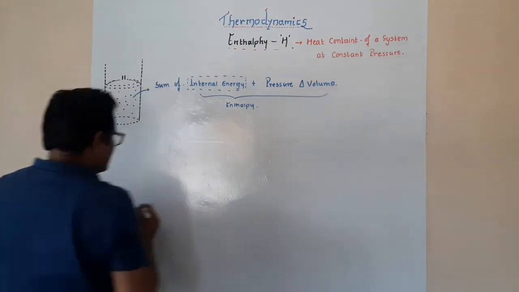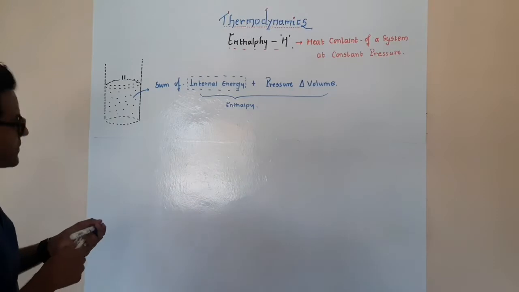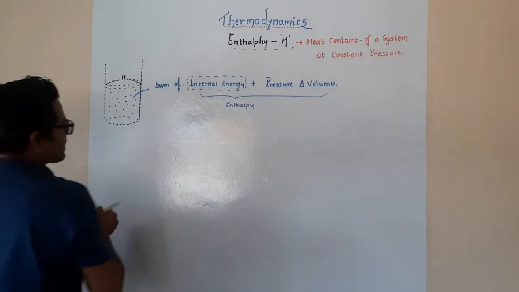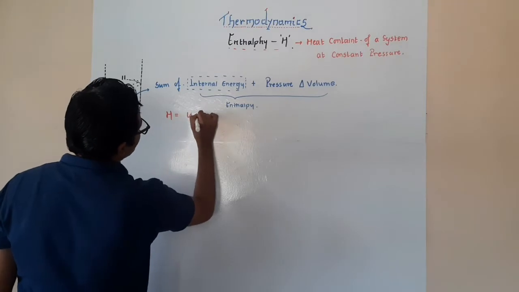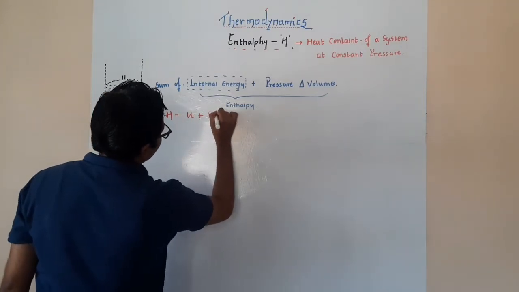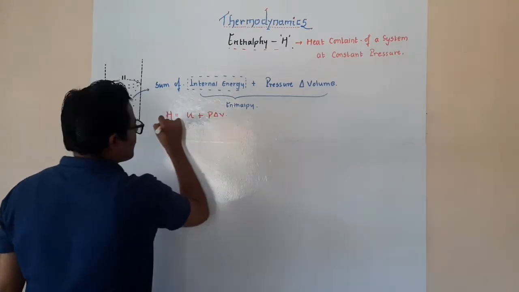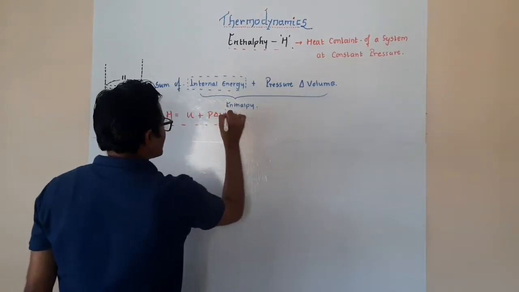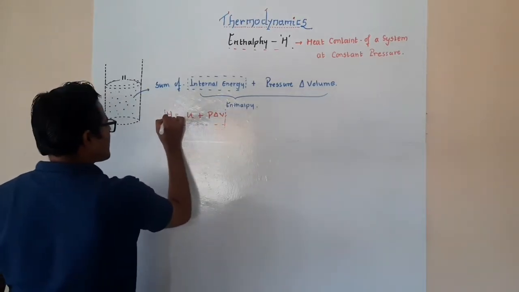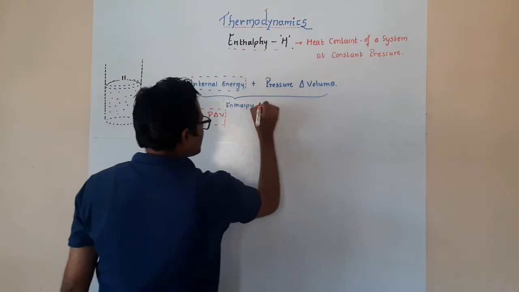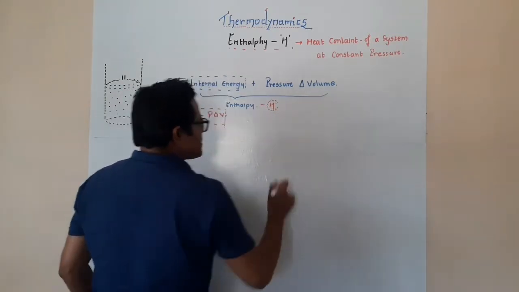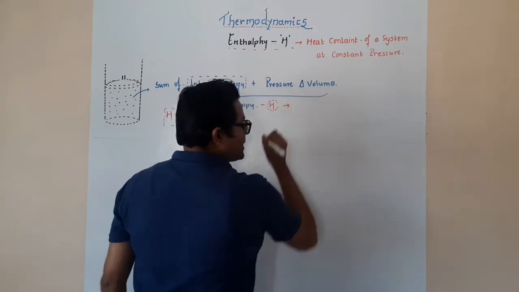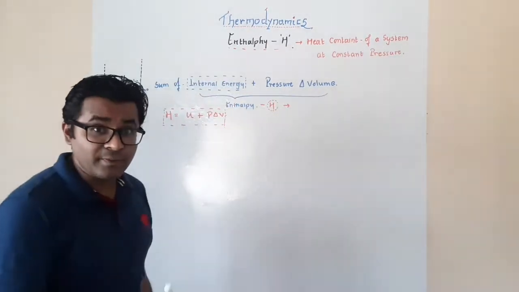So we can write enthalpy H is equal to U plus pressure times volume, PV work. Now, when we calculate enthalpy, we need to give its SI units, correct?